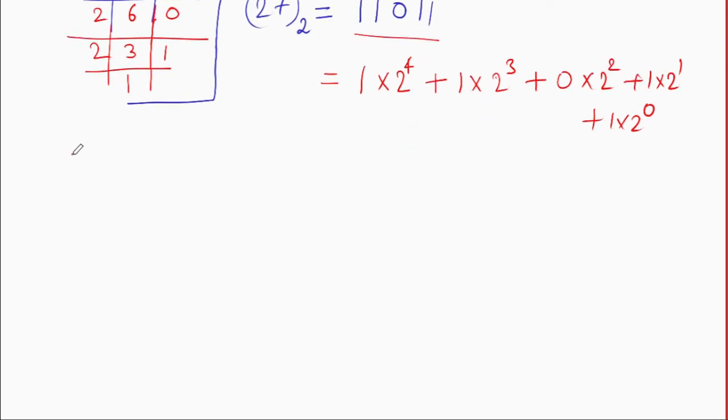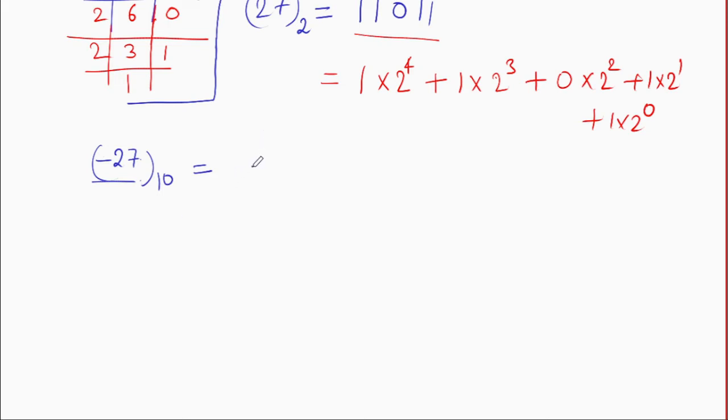But what if the numbers are negative? Let's say the number is minus 27. How is it represented in base 10? Let's understand that.